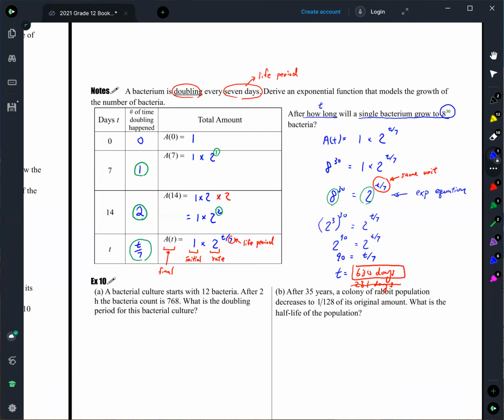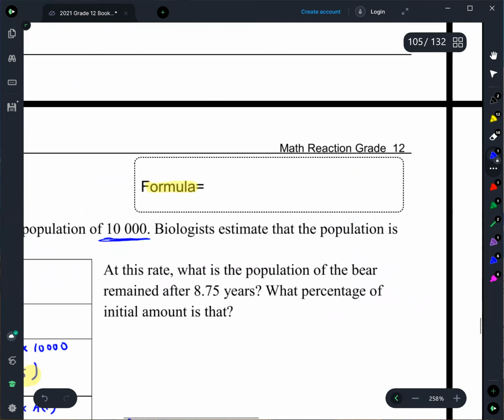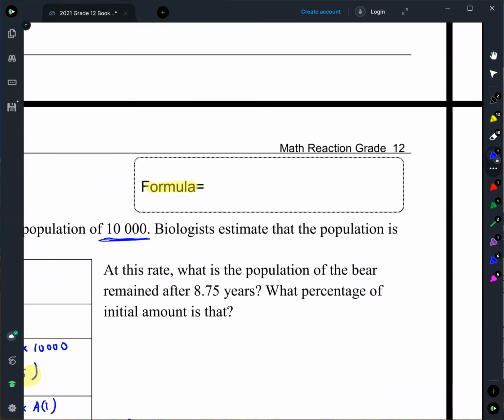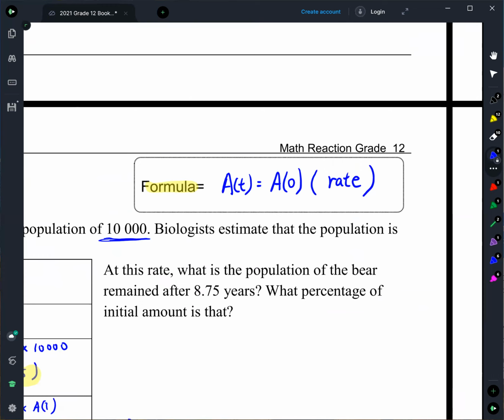Okay, so let's look at the formula now. Okay, we can now fill that in. So the formula for anything that grows or decays, right, will be A of t. That's the final amount equals A of 0, your initial, times the rate. Okay, the rate could be 2, could be 3, right? Some of it could be half.